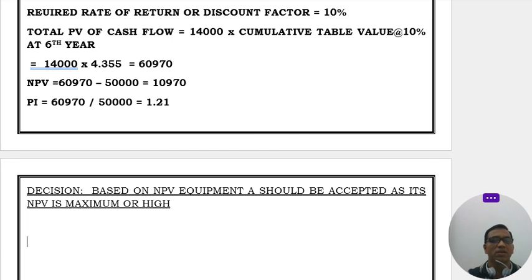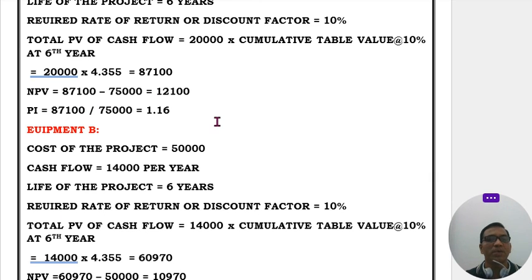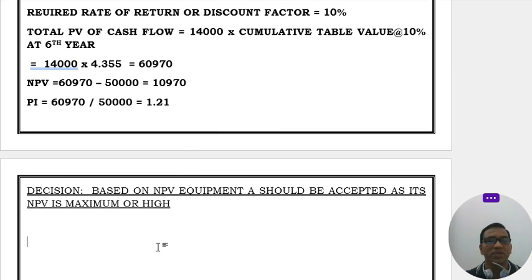That is the decision. NPV is maximum for equipment A, 12,100. That's why, based on NPV, equipment A should be accepted.